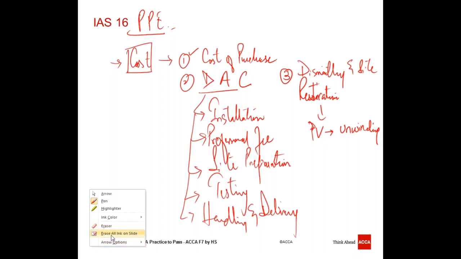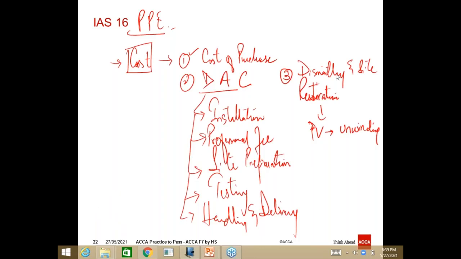For subsequent measurement, training costs will never be capitalized. We never capitalize the training cost. Remember this point. For subsequent measurement, we have the cost model and we have the revaluation model.